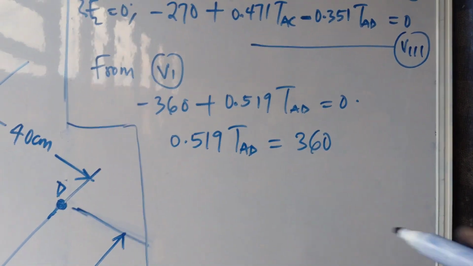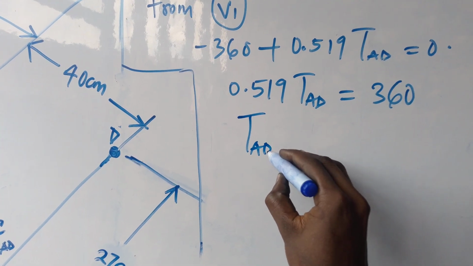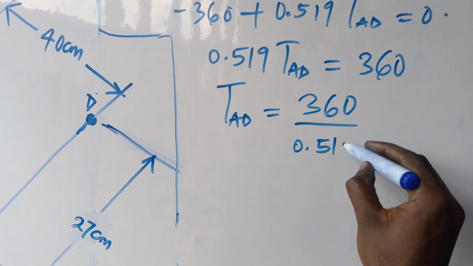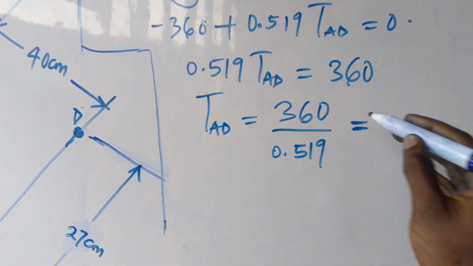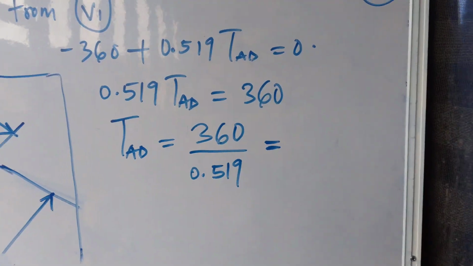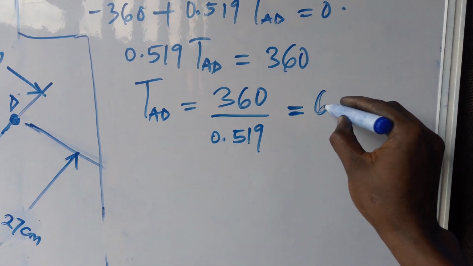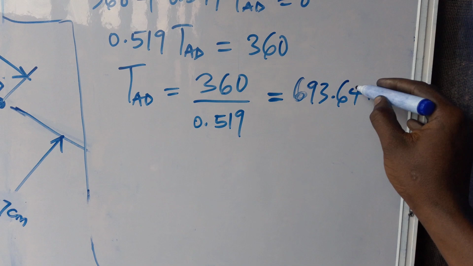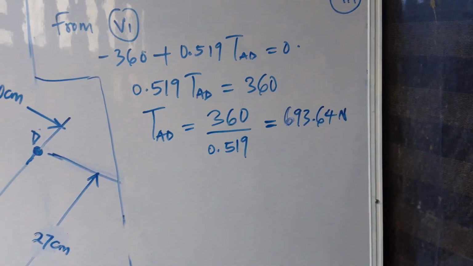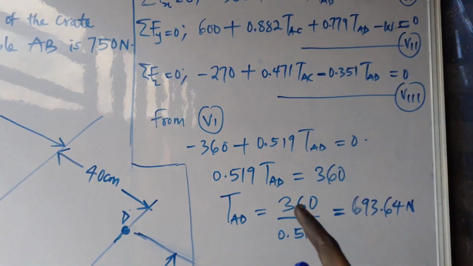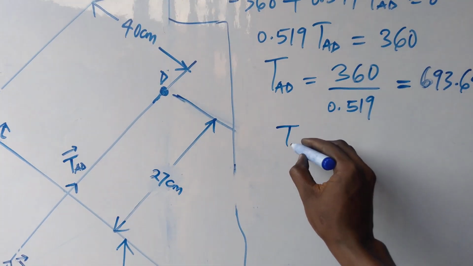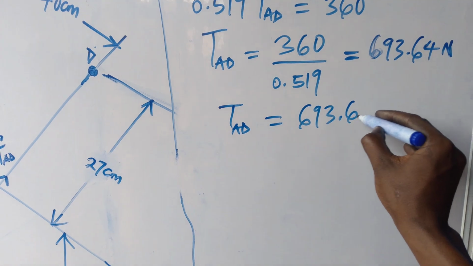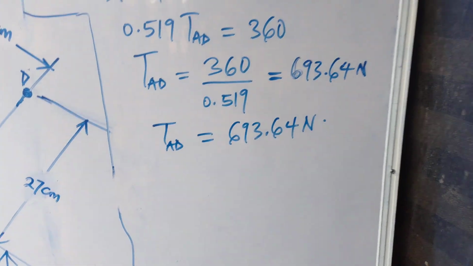So I'll divide by the coefficient of TAD, so tension AD will be equal to 360 divided by 0.519. If I divide it, this will give me 693.64 Newton. That is the tension in the rope AD, 693.64.